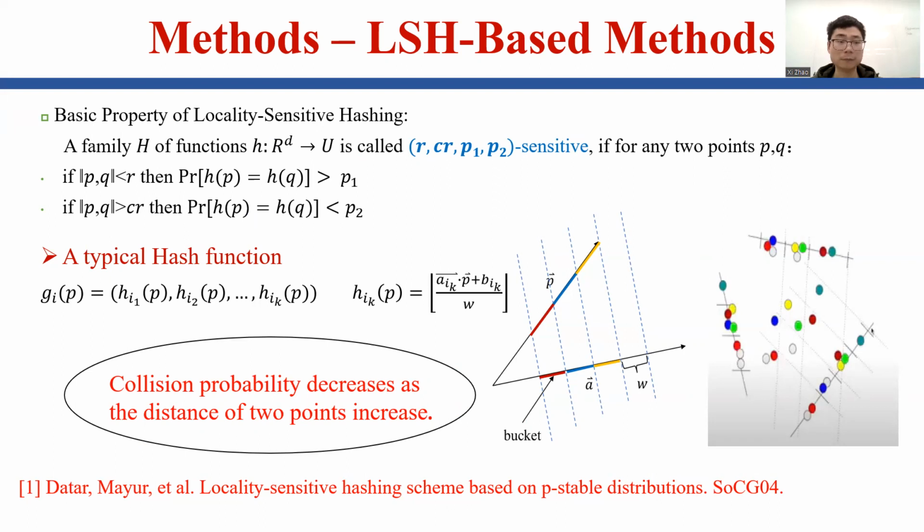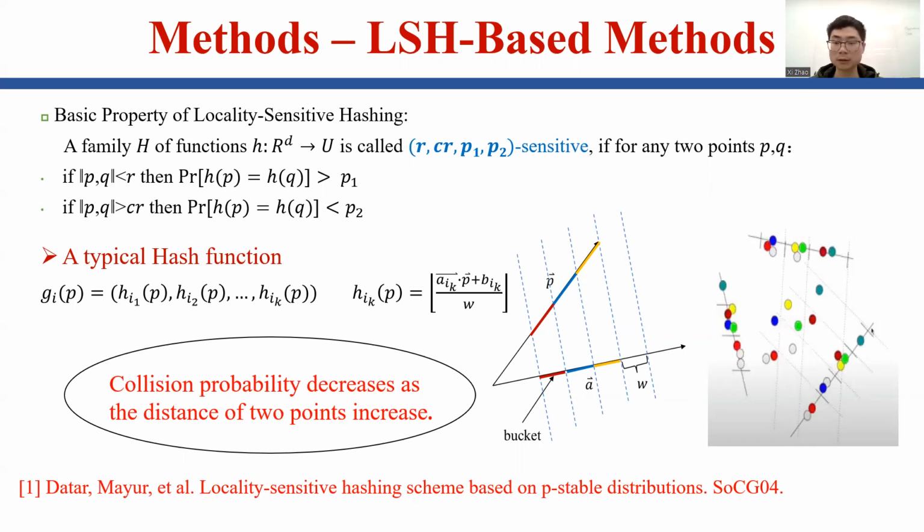If a function h is called (c, P1, P2)-sensitive, then for any 2 points P and Q, if the distance between P and Q is less than R, then the probability that they have the same hash value will be greater than P1. If their distance is greater than cR, then the probability that they have the same hash value will be less than P2.